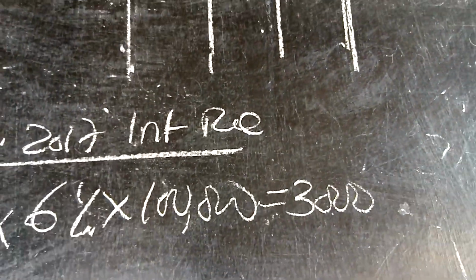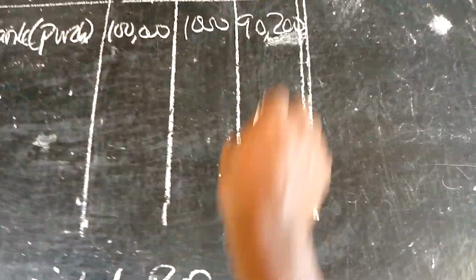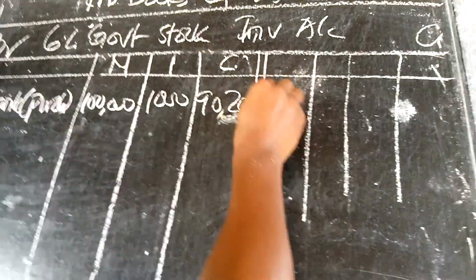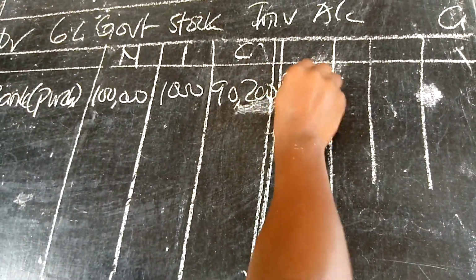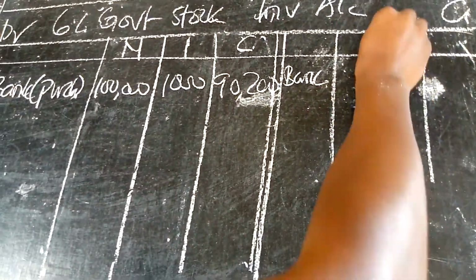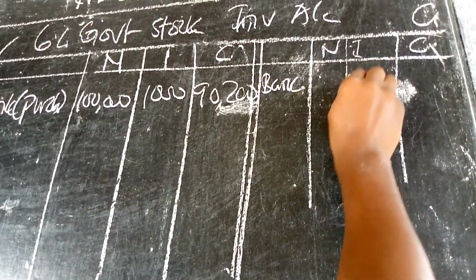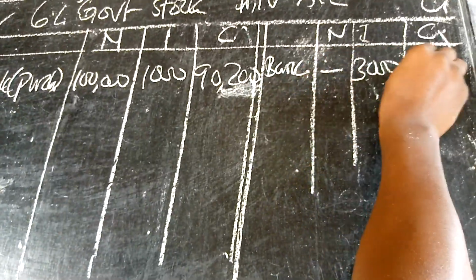How can we record this one? Under this column, we say bank, we are receiving the interest. So in the interest column, the interest that we receive is 3,000.